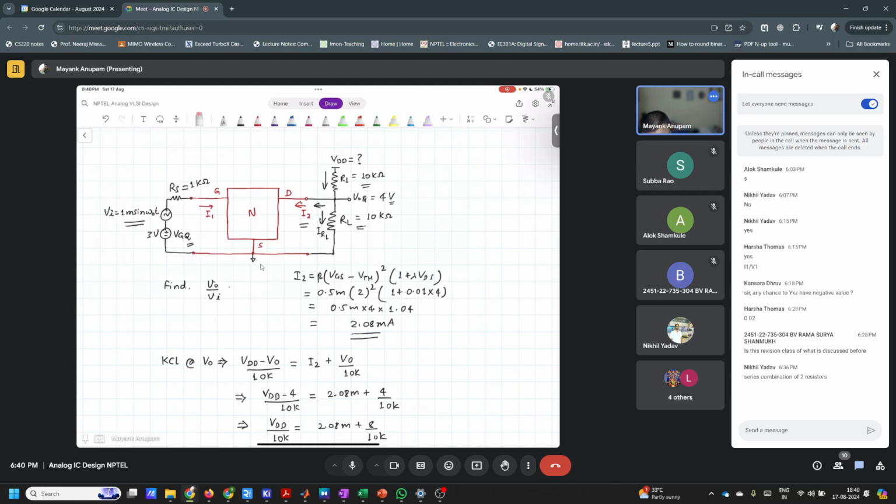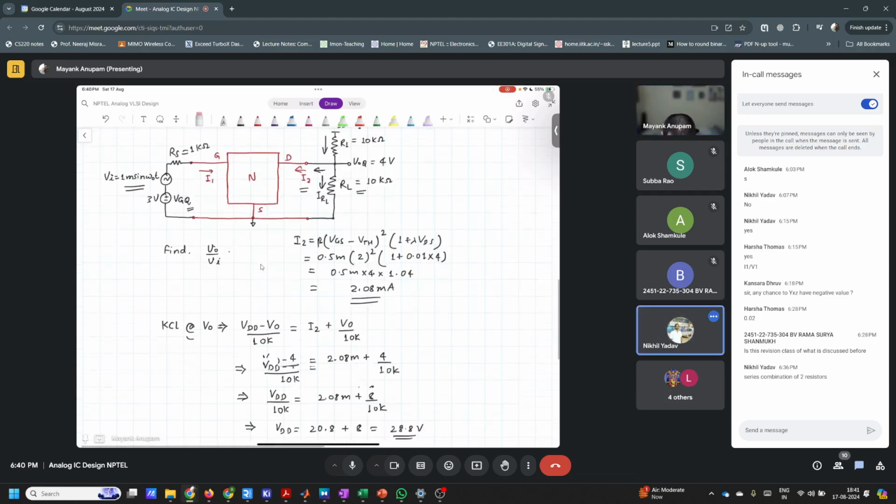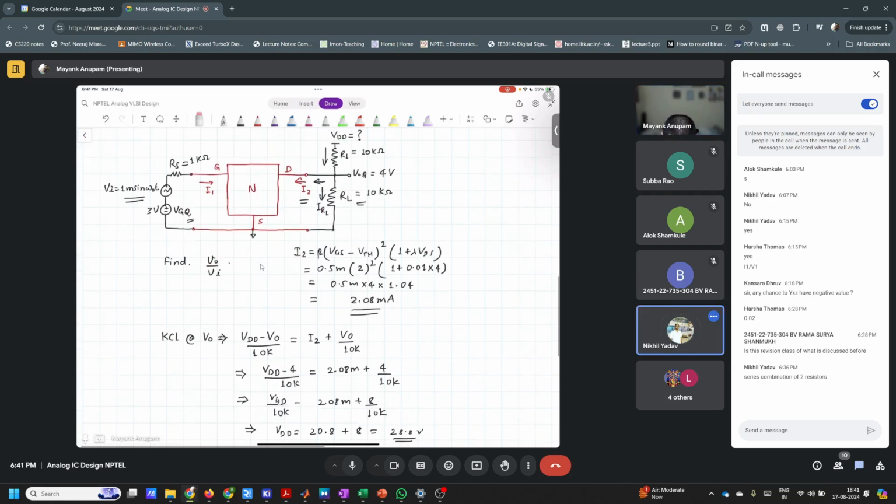Because if there is some voltage VDD here and some voltage VO here, and these two are not the same and there is a resistor connected in between, there will be some current, right? So if R1 is disconnected, then that case will be true. Yes, got it.